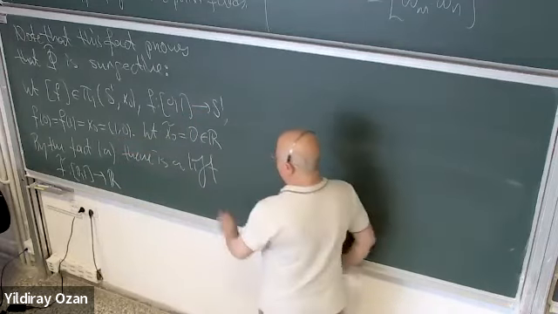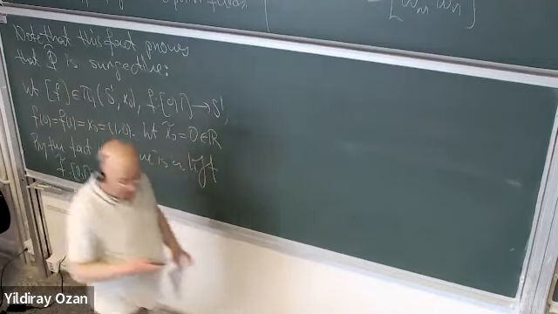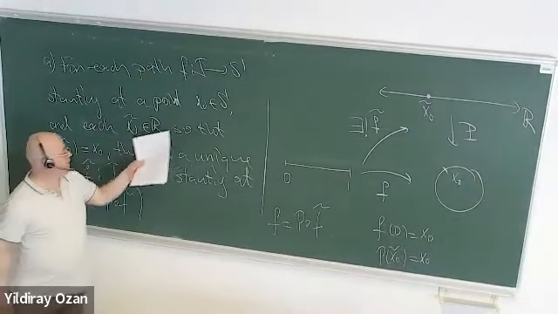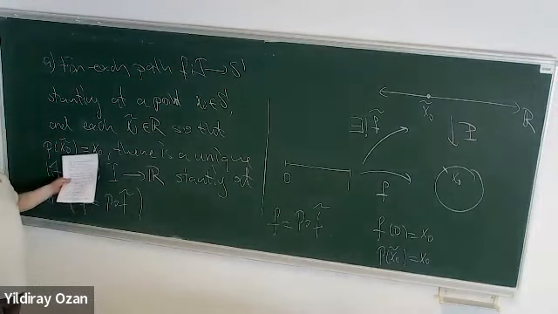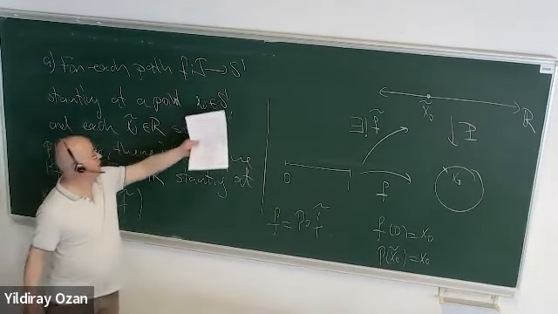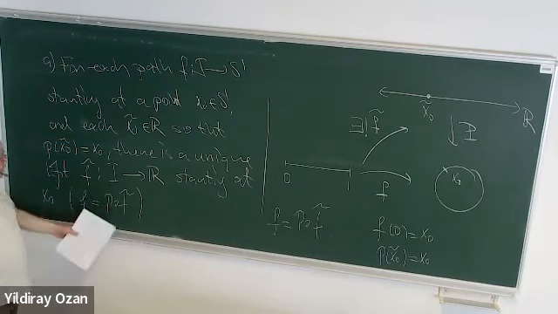I am using this fact. I have x0 and x0 tilde, which is mapped to x0. And if I have any path starting at x0, then there is a unique lift.